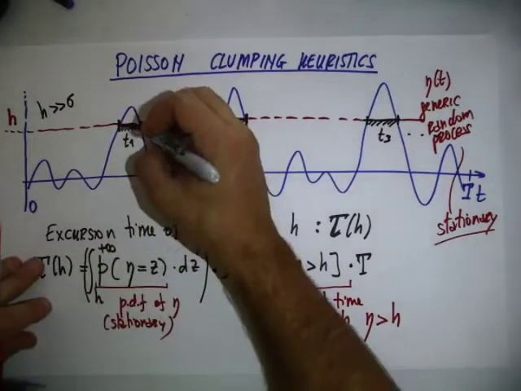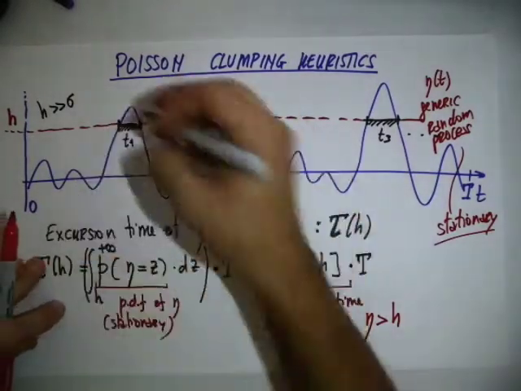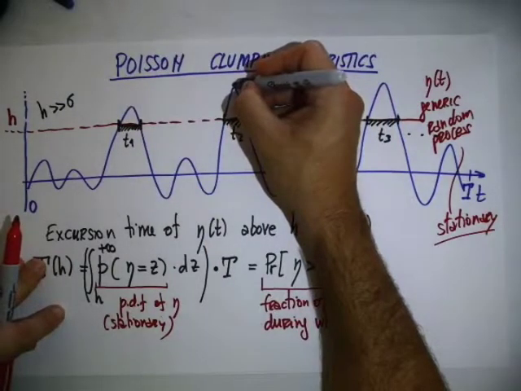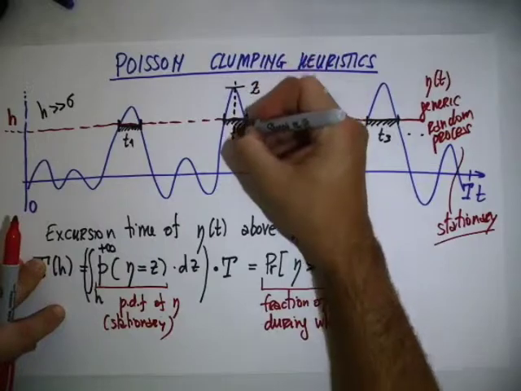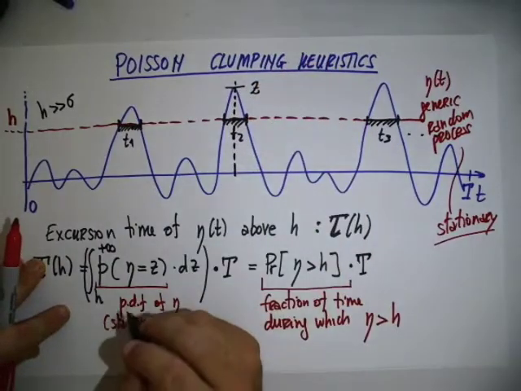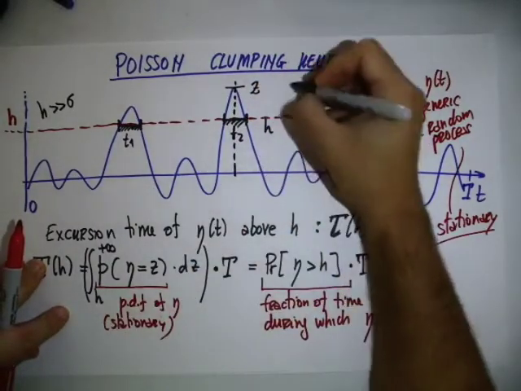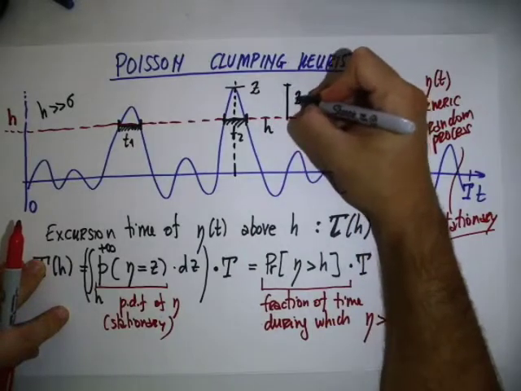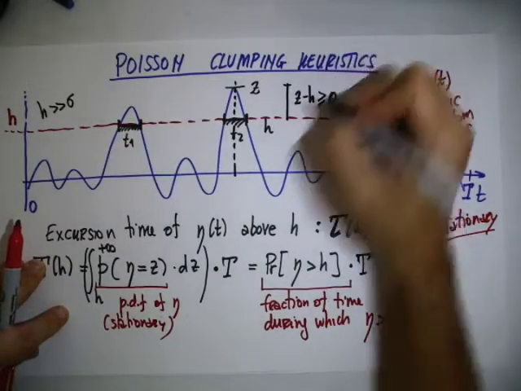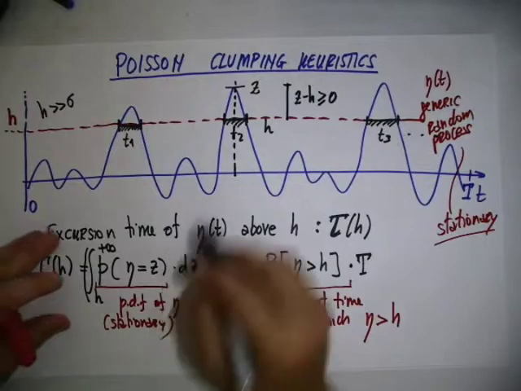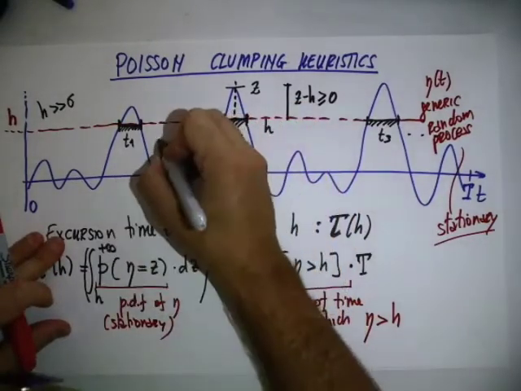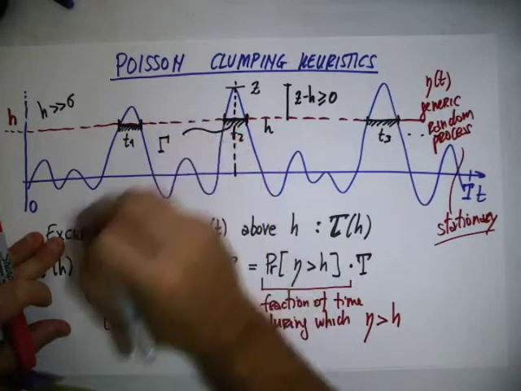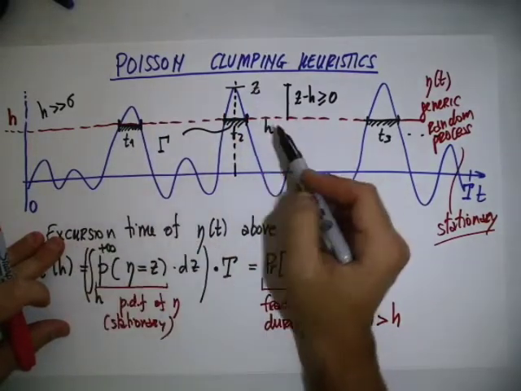Okay, let's assume that this amplitude is equal to z. And instead here we have the variable h. So this quantity here is z minus h, which is greater or equal than 0. And of course, this time will be dependent on z and h.